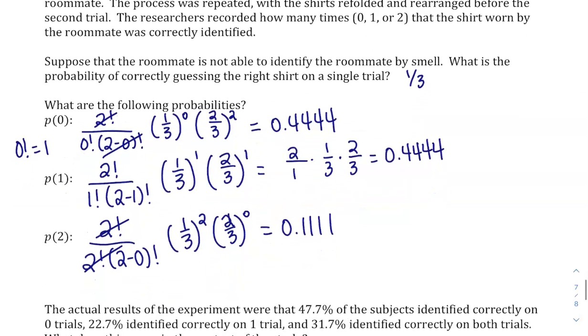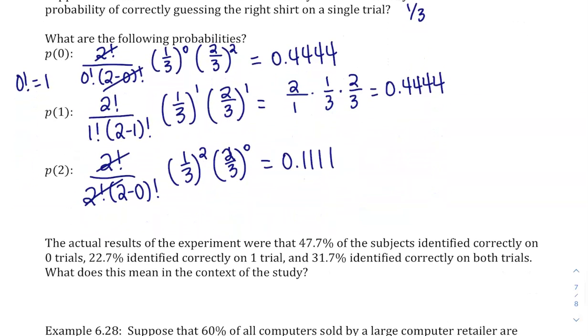In this particular study, they actually found these results. 47.7% of the subjects identified correctly on 0 trials. That's actually pretty close to what the guessing probability would be. But look at these next two. 22.7% identified correctly on 1 trial compared to our 0.44. That's a bit different. And this one, this 31.7%, is incredibly different from the 11% that we had.